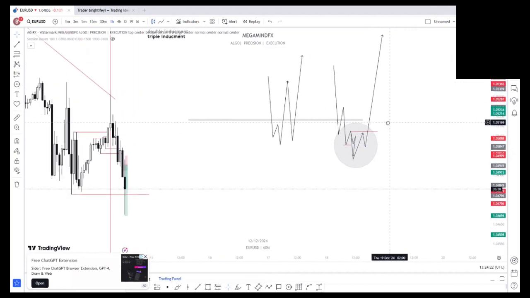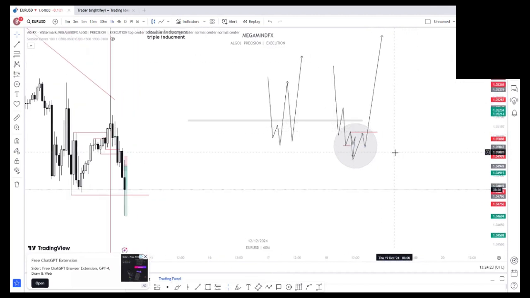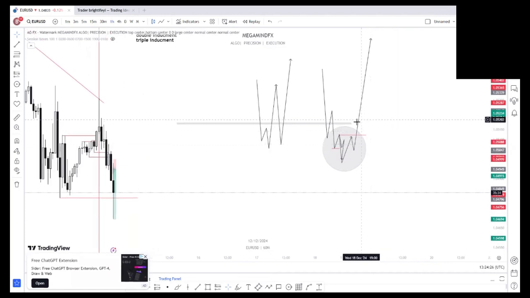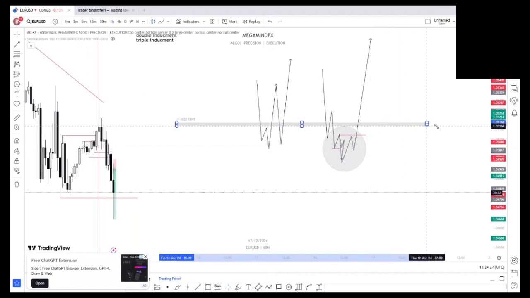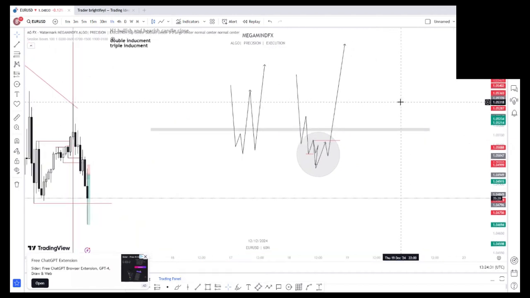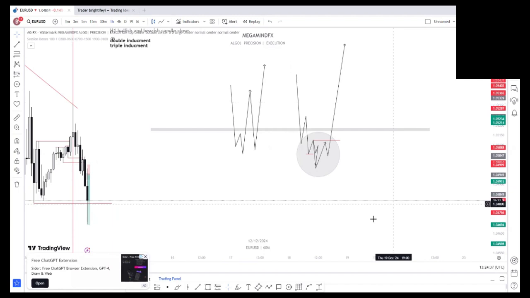Now, there's another scenario that I don't want you to joke with. So let's drag this here. I'm giving you the scenarios that can play out when you're looking at it from your higher time frame sweep level. Pay attention to what is going on. We have a sweep, we have the first inducement, then we have another inducement violation.